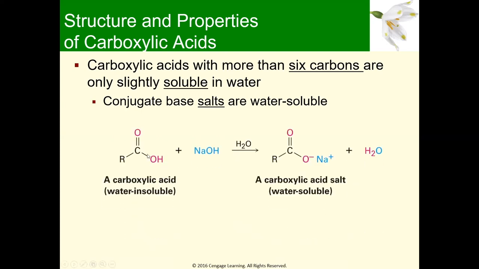For example, if you have something that's insoluble, but then you react it with a base that pulls away that acidic hydrogen, you form this salt where you've got the carboxylate and the counter ion, in this case sodium +1. That's going to be water soluble because it's an ionic compound, like NaCl, which we know is very water soluble. Most ionic compounds are very water soluble. So if I take the carboxylic acid and strip away that H+ to make it an ionic compound, a salt, then it becomes much more water soluble.